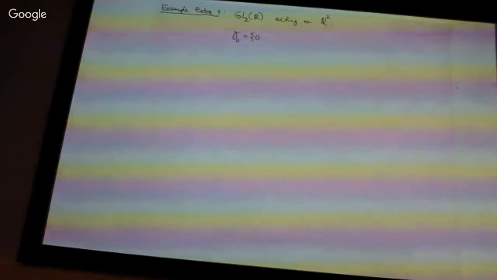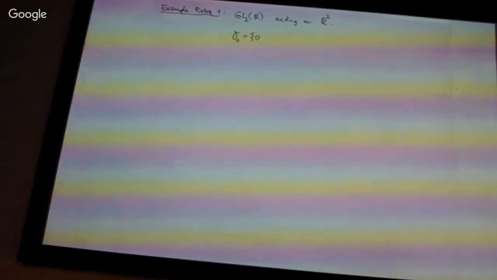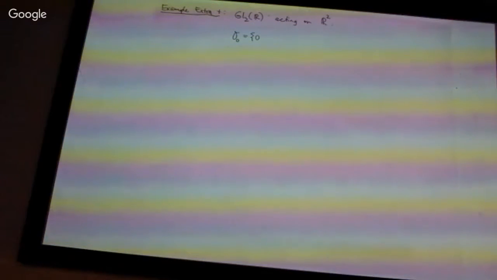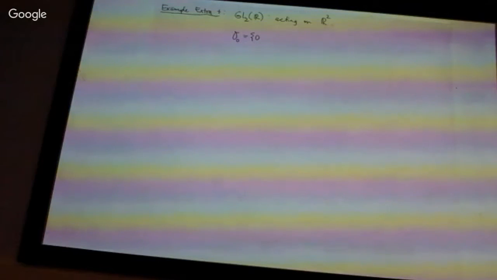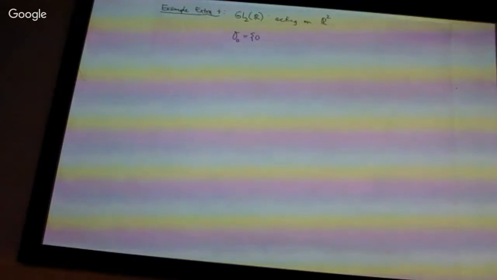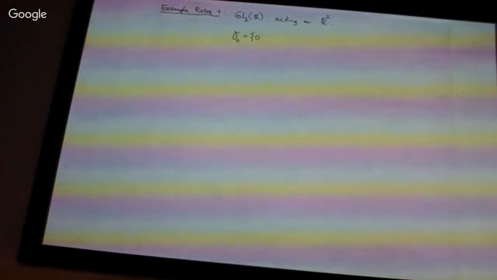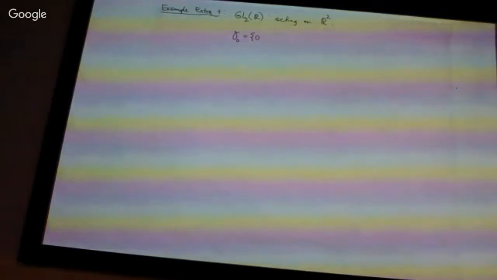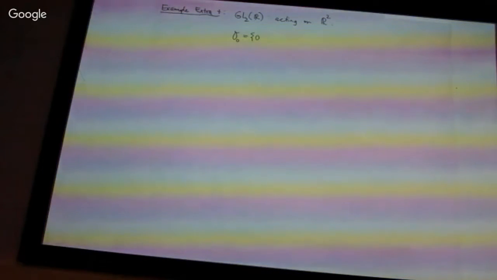No, because the matrix doesn't have to have determinant one. The general linear group has non-zero determinant. So you can't do much.